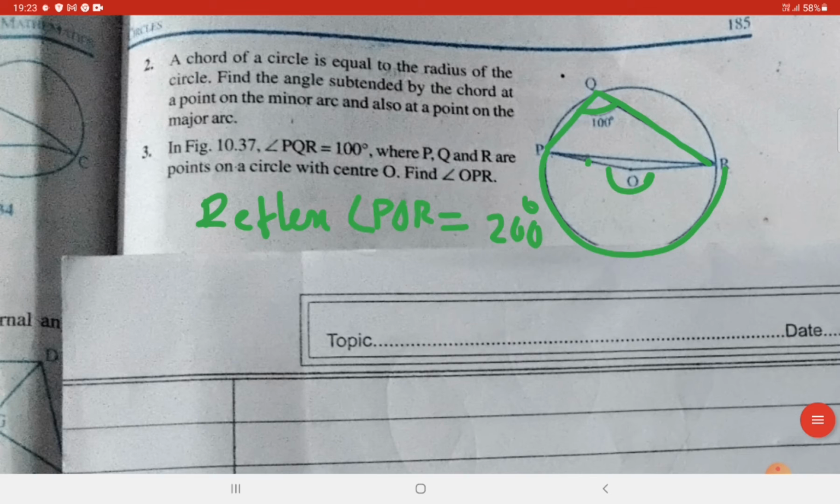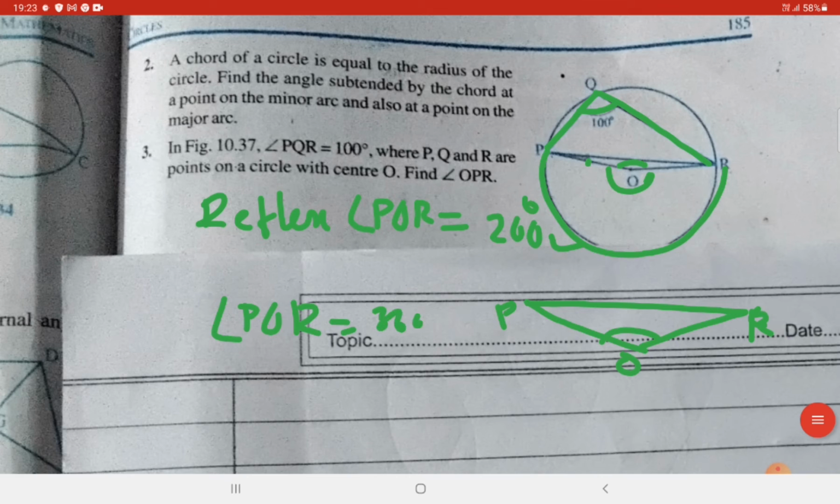Now, see the triangle POR. Reflex angle POR is 200 degree. So, what is angle POR in the triangle POR? Angle POR is equal to 360 minus 200, that is equal to 160 degree.